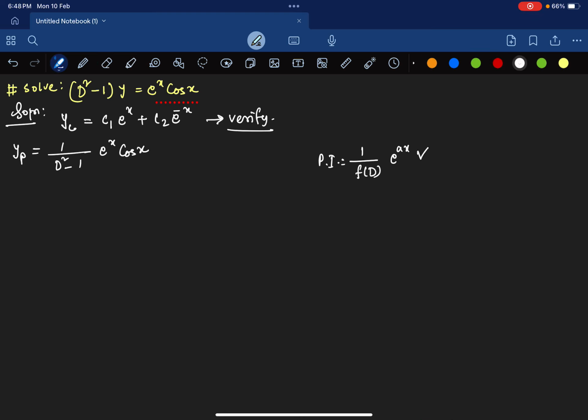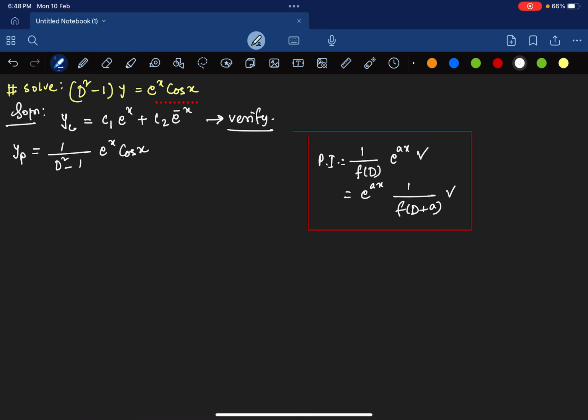So it was e power ax times 1 by f of (D plus a) V. So this was our formula, and this formula we are going to apply here.